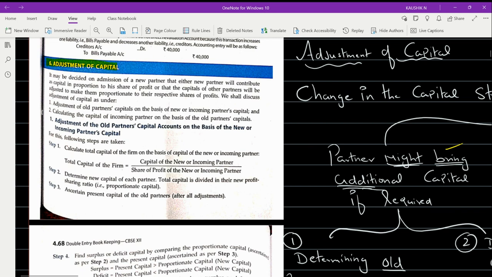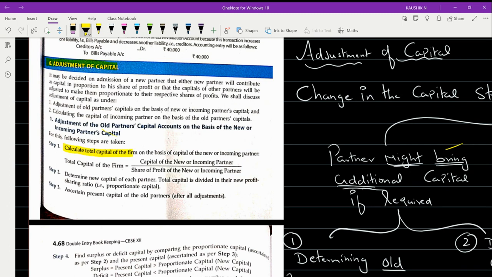So step one is, first and foremost, we need to calculate what is the total capital of the firm. Here we have said old partners' capital account on the basis of the new or incoming partner's capital. If this is the case, the first step is to calculate the capital of the firm on the basis of the capital of the new or incoming partner.